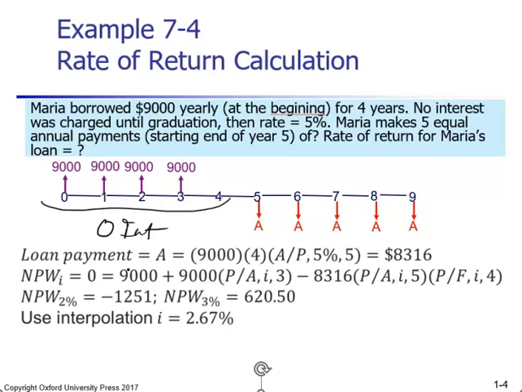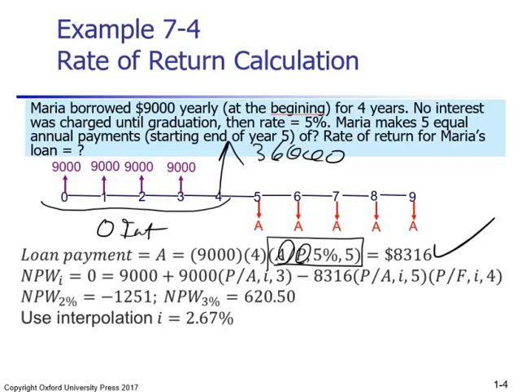9,000 times 4, so everything comes here. 36,000, and here it says, now I'm giving you the P is 36,000, give me the A. Here is the answer.